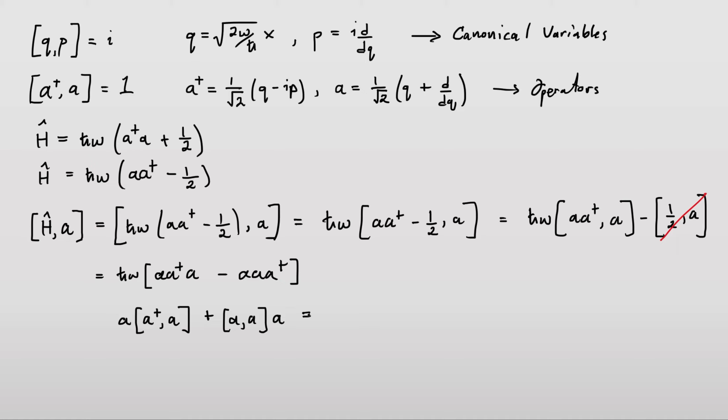So this equals a, and this is our commutator right here, so that's going to be a dagger a minus a dagger, plus 0, because anything commutated with itself is going to be 0.